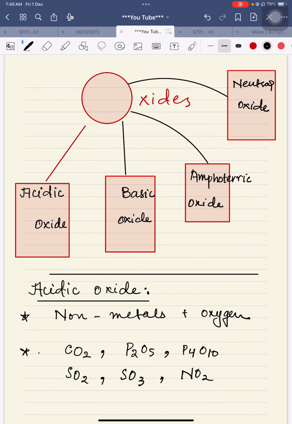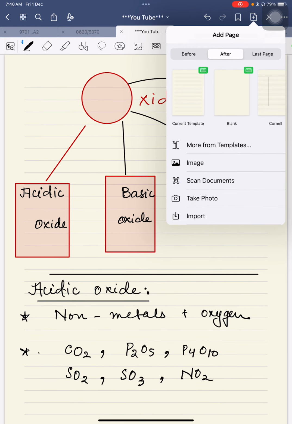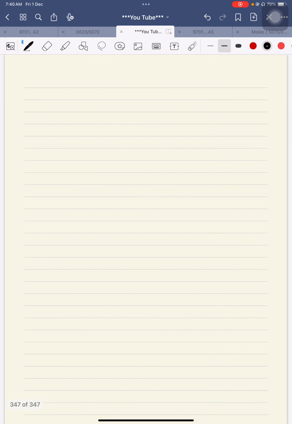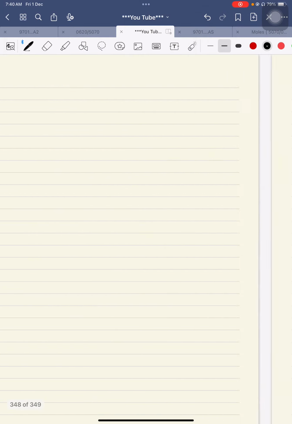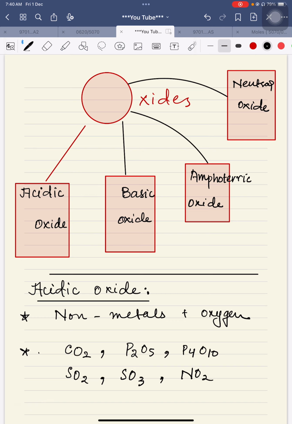Okay, so let me add a few pages. All right. Okay, so we were studying acidic oxides and we have given the examples.